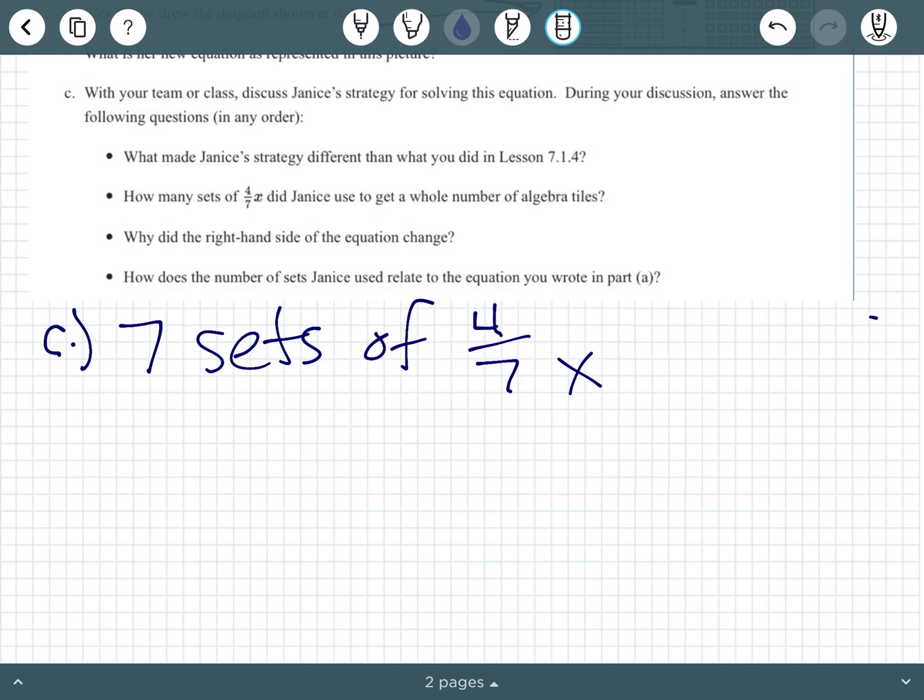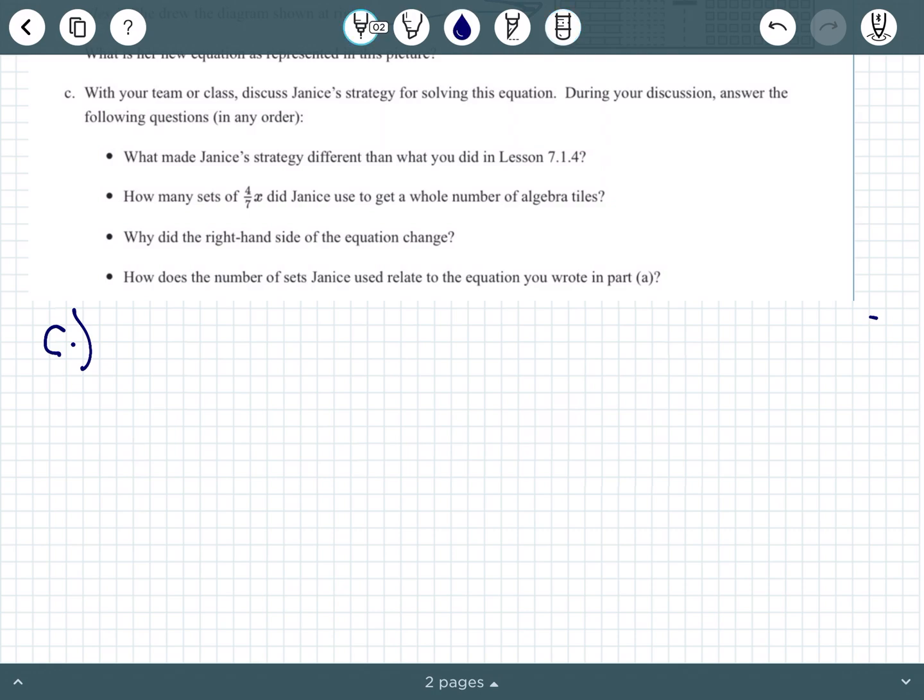Why did the right-hand side of the equation change? So she had 7 sets of 4/7, or we could say she multiplied the left side by 7. So she did the same thing to the right side. And the reason she did that is because we need to keep the equation balanced.